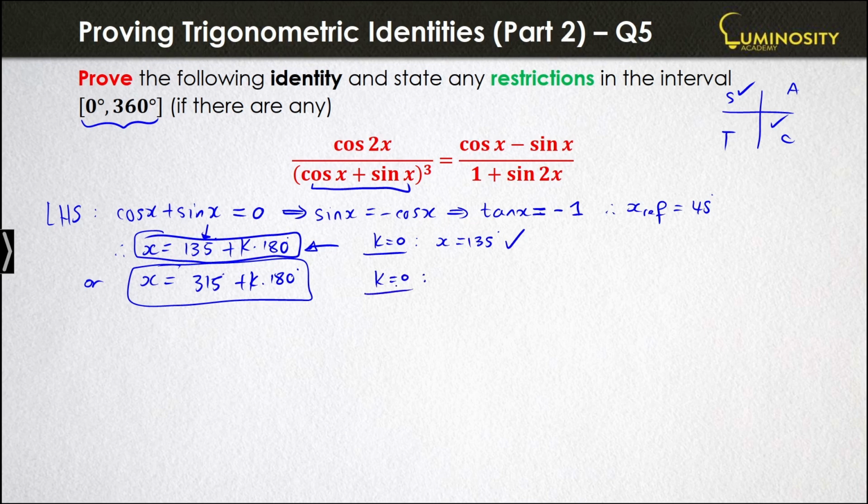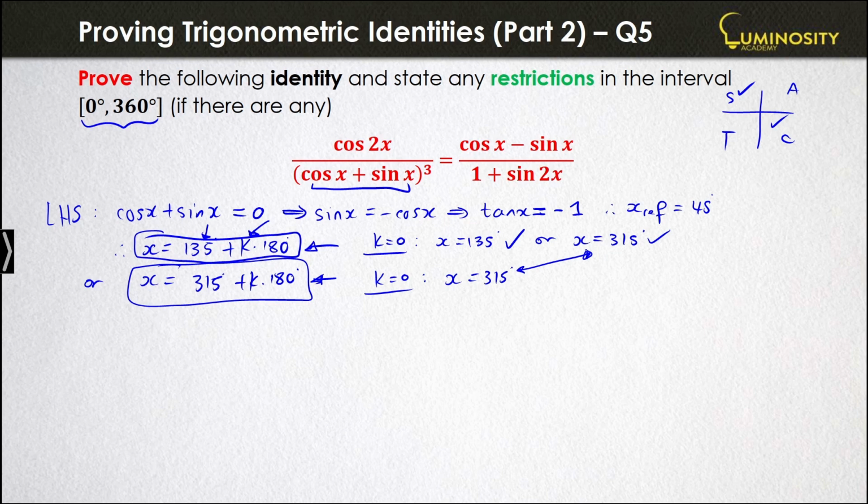Same thing here, if I put k equals 1 here, I would have got 315 degrees. But what I wanted to show is that if you put k equals 0 in this equation, you're still going to get 315 degrees. So the solution comes out anyway in the first set. Those will be the only applicable solutions inside that given domain for the left-hand side.